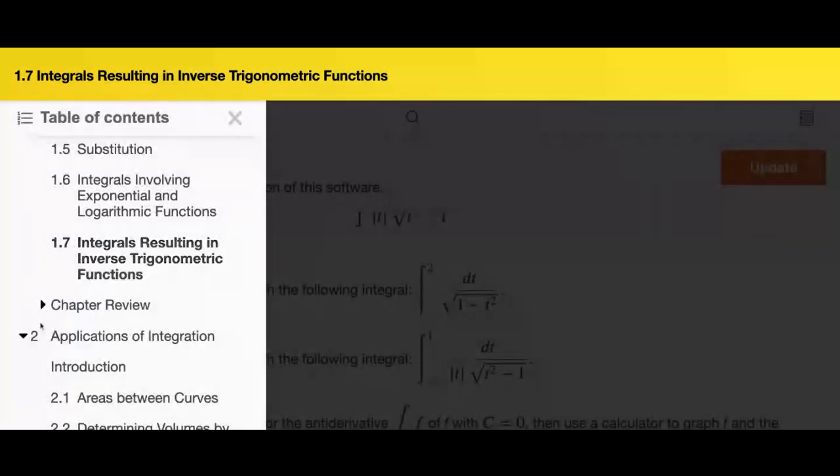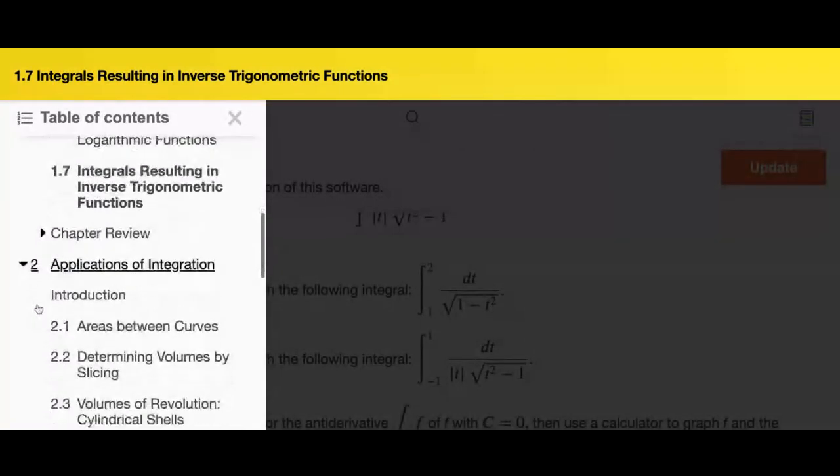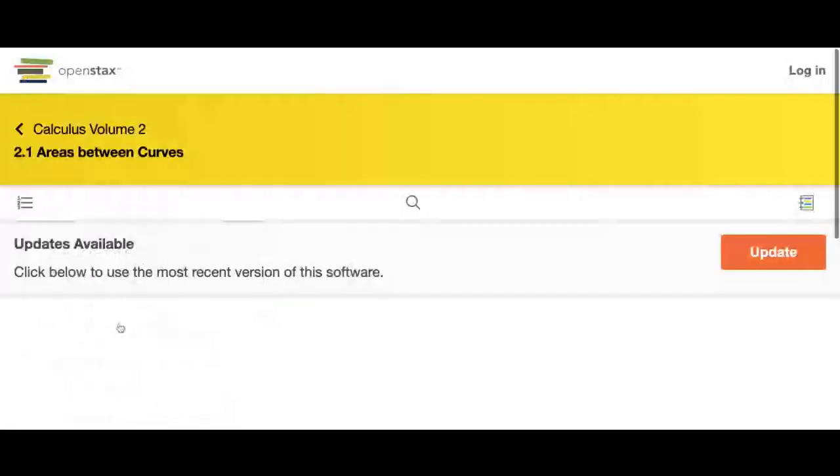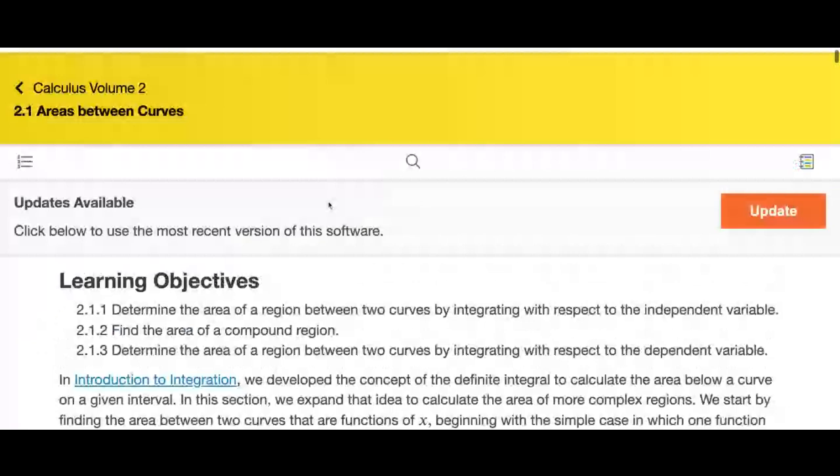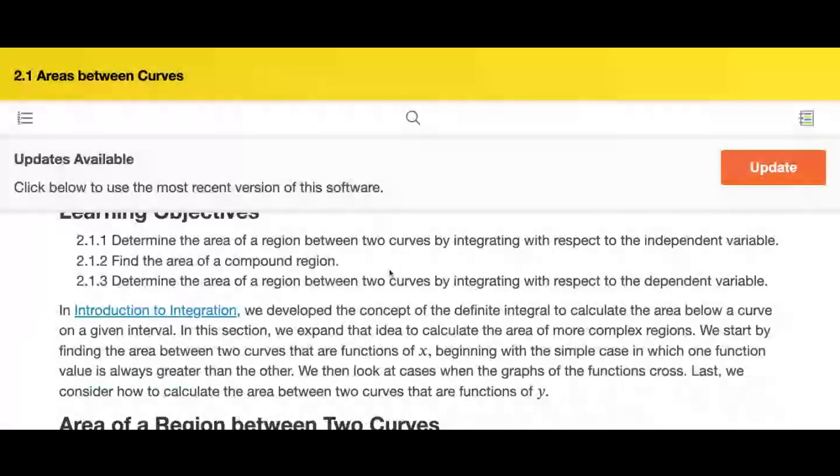So we have some time. Let's go to area between curves, section 2.1. So far we are able to find an area for an irregular shape with one side being irregular.